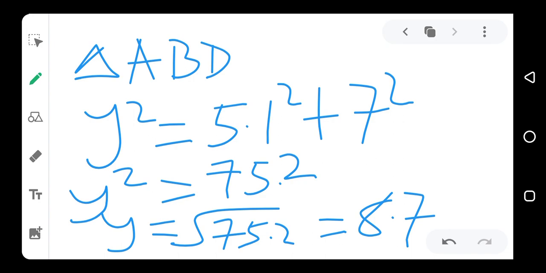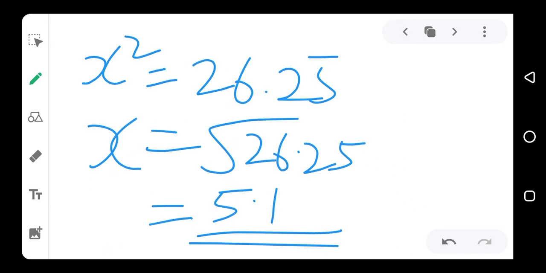So y is equal to 8.7, and x is equal to 5.1.